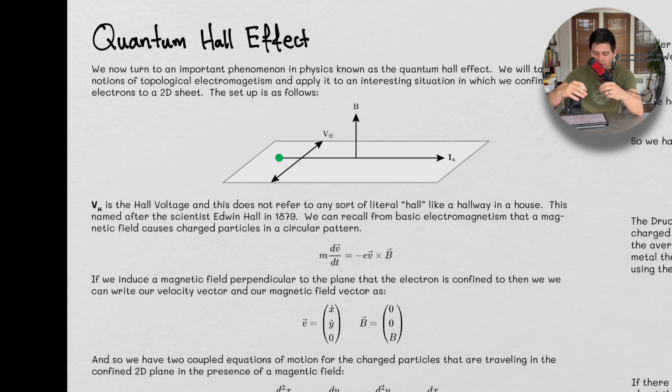So now we're going to get to the quantum Hall effect. And what I'm going to do here is I'm going to actually follow Dr. David Tong's lectures on this, because I quite like those lectures, right? But he doesn't go into great mathematical detail in some of his stuff.